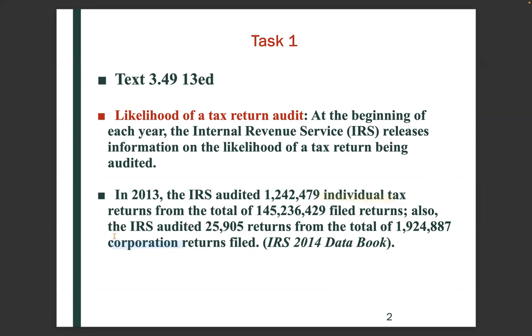Also, the IRS audited 25,905 returns from the total of 1,924,887 corporation returns filed. So what I did to just keep things straight is there's information given about individual tax returns and then corporation returns.